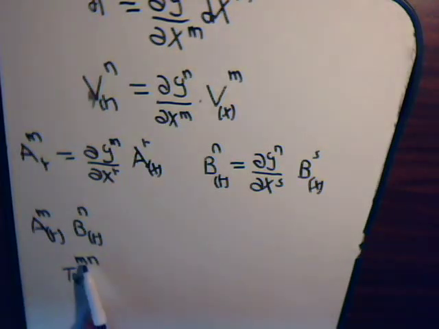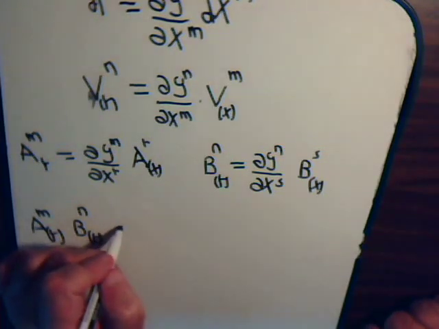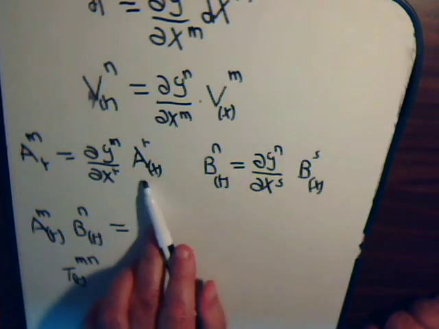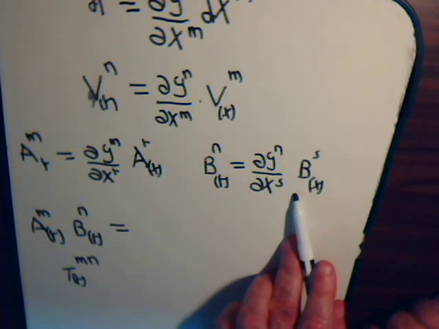This just means that we're multiplying components together, and instead of having these two here, we'll consolidate that into a single symbol, this. But this would equal what? Well, it would equal this times this.